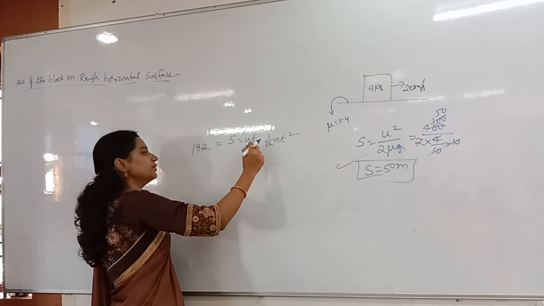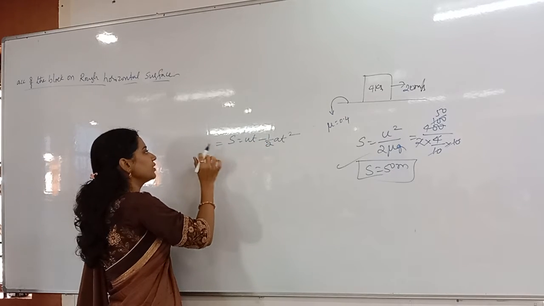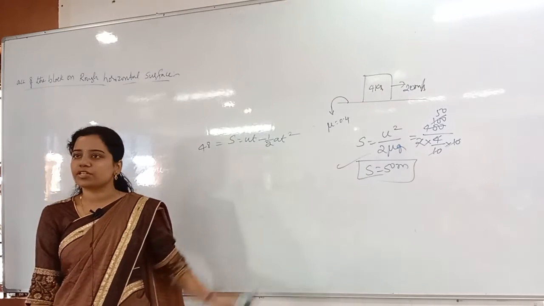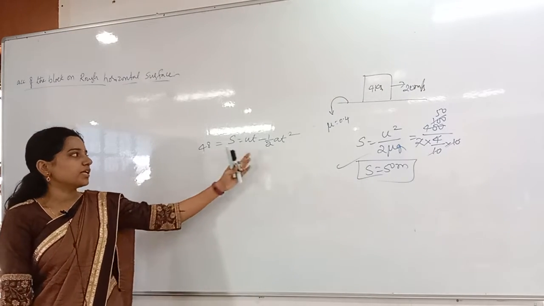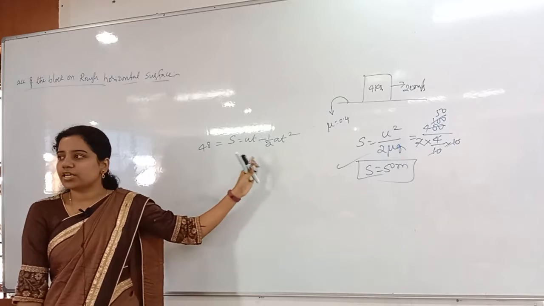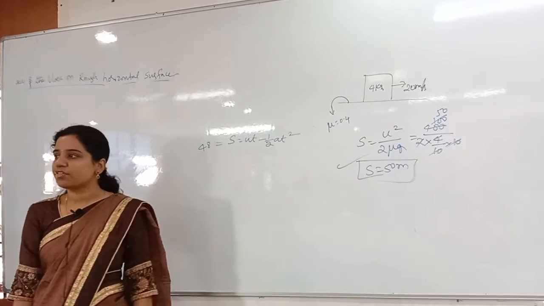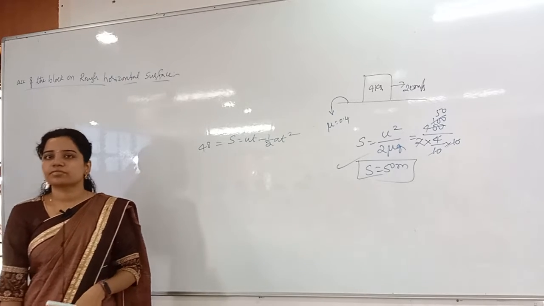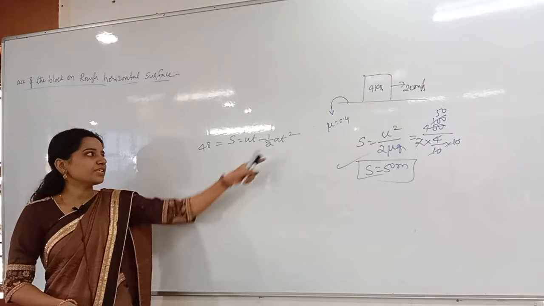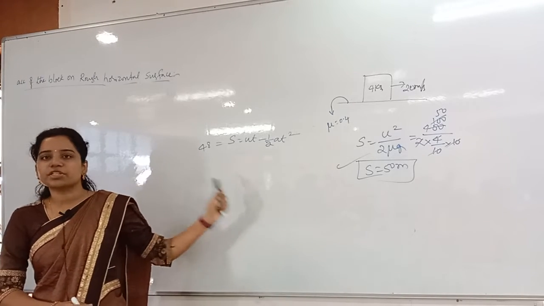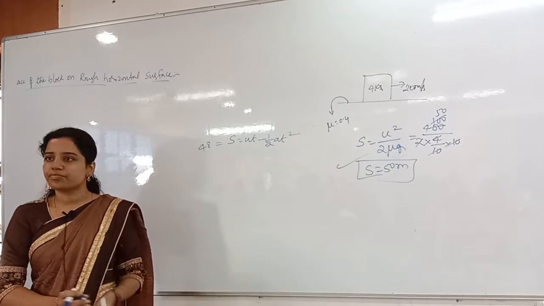Even then, what is your answer? 48 meters. Then how is it possible? Exactly 50 you have to get now. If you are taking it as a retardation, yes, that's very good. You are taking retardation and getting 48, while there you are getting 50. How is it possible? For the coefficient of friction, the acceleration value will be taken as mu into g only, no? By using the coefficient of friction only, you will get the acceleration here.